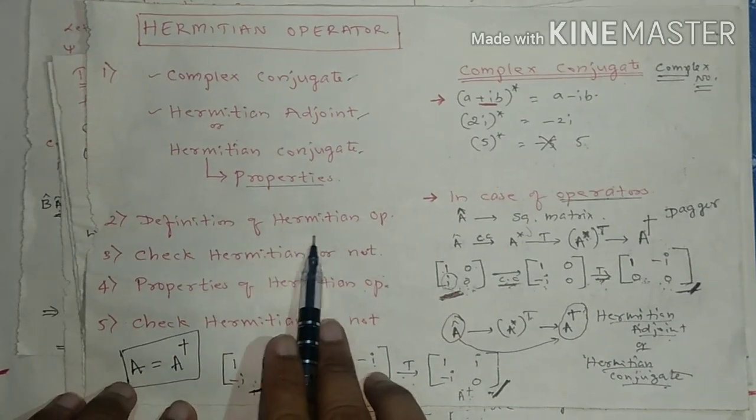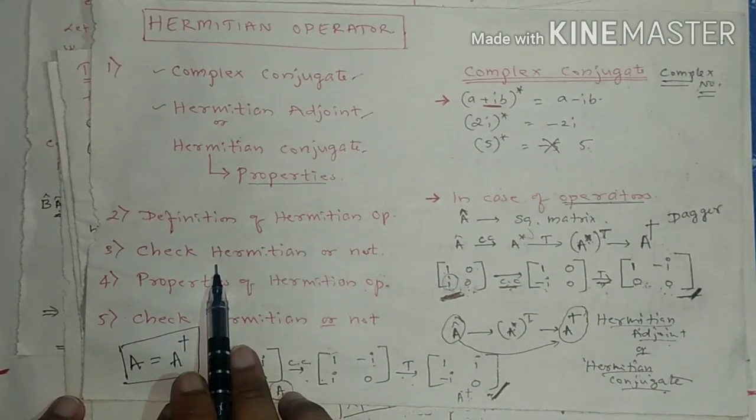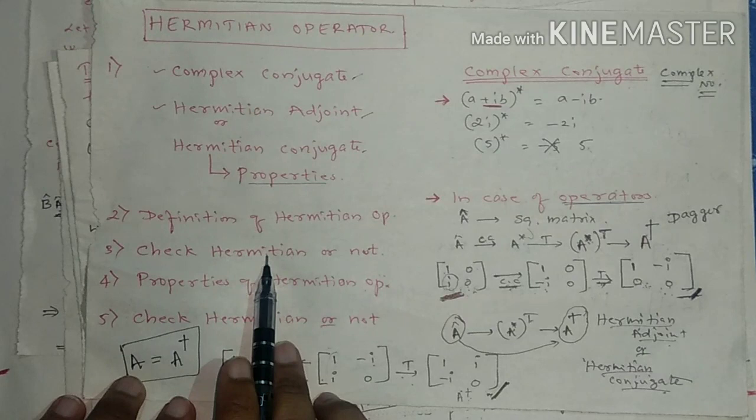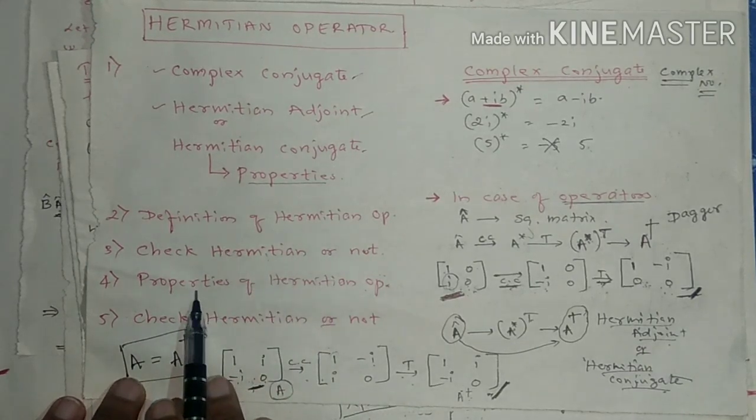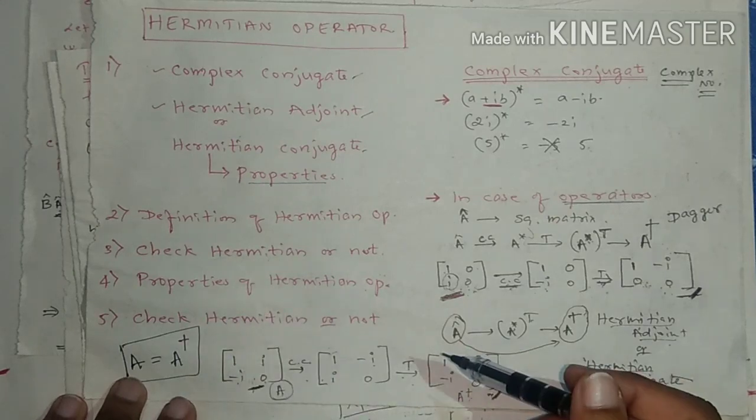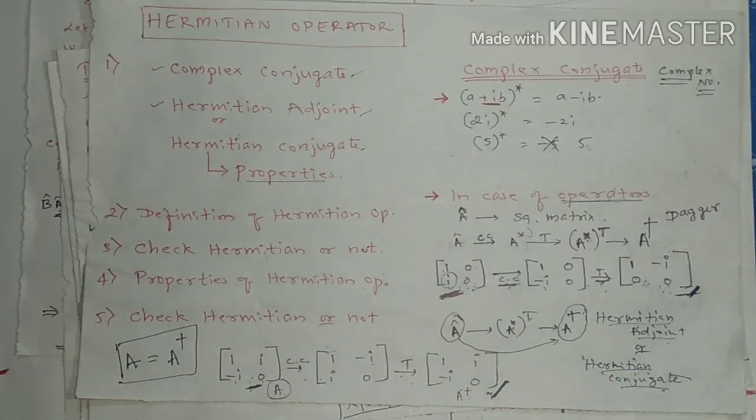Then we saw the definition of Hermitian operator. Then we solved basic operators, checked whether those are Hermitian or not. Then we saw some theorems or properties of Hermitian operators. So we end this lecture here.